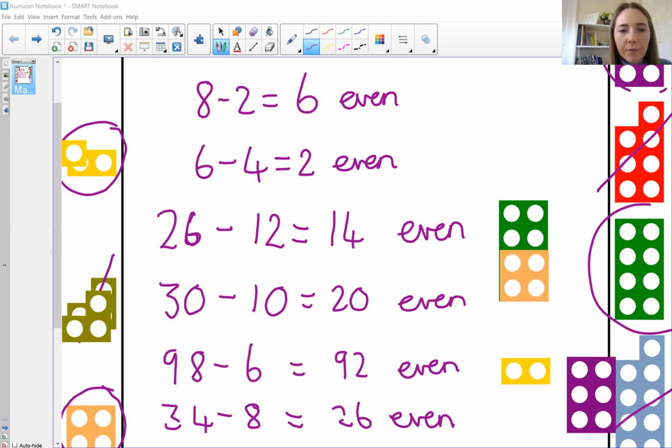When I subtract an even number from an even number, the difference, remember that means the answer to the subtraction, the amount of numbers between, the difference is always even. Or you could have written is never odd, because that was the question in the first place.